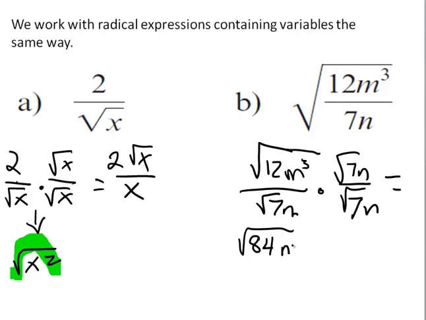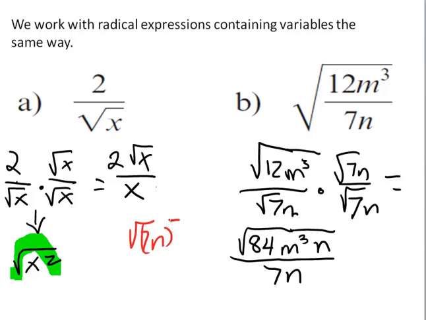M to the third n all over 7n, because remember this was the same as the square root of 7n squared, and that comes out. So the only thing I could reduce here is this.